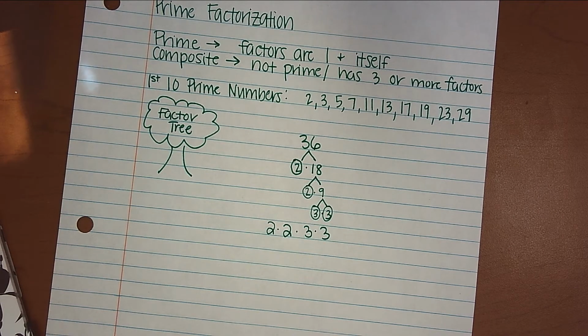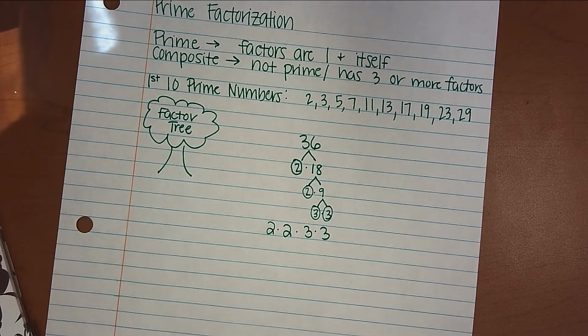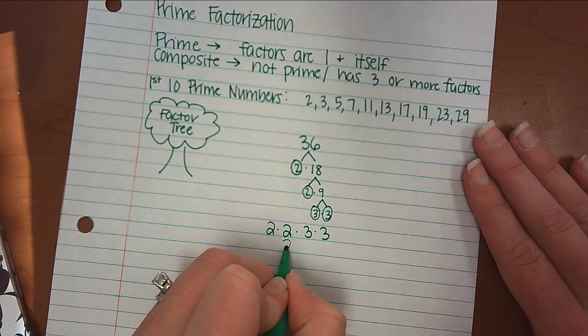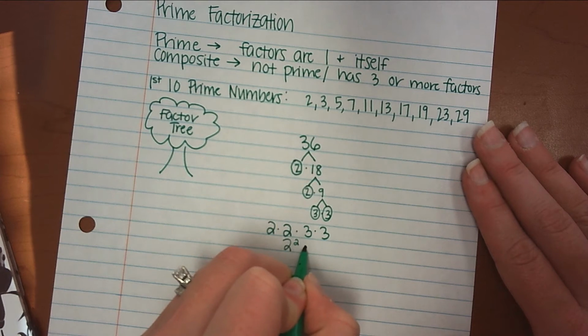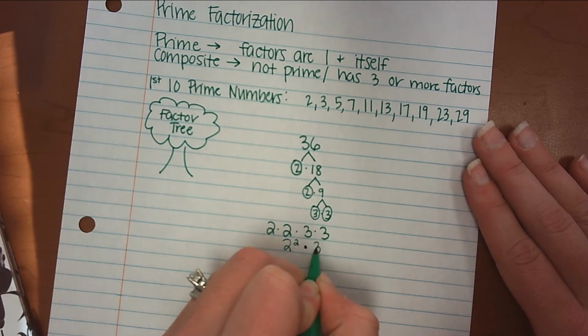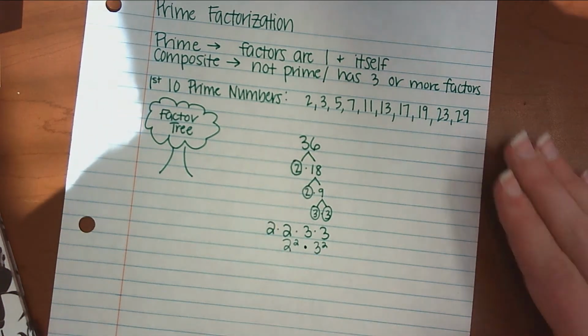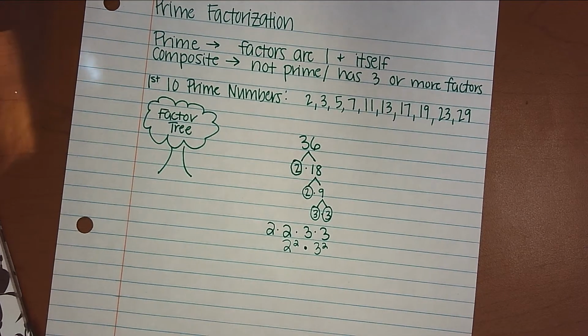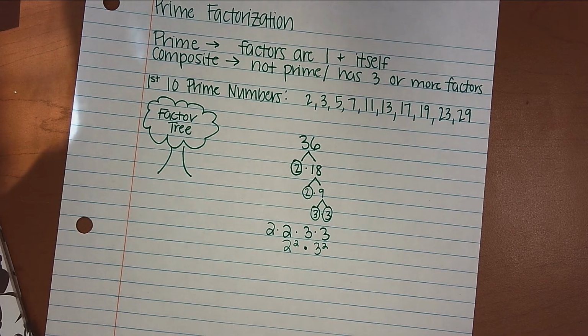And if I wanted to write this with exponents, which is best practice, we would say we have 2 2's, which means that's 2 to the 2nd power. And then we would multiply that by 2 3's, which is 3 to the 2nd power. Now, when we write this in factored form using exponents, it is important that our bases always be in order from least to greatest.